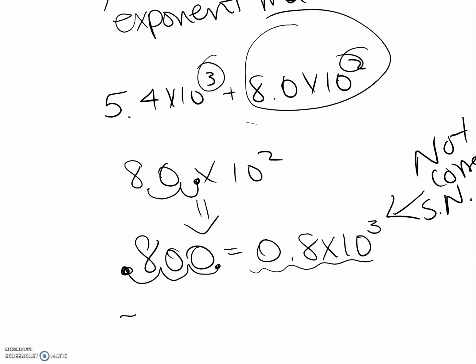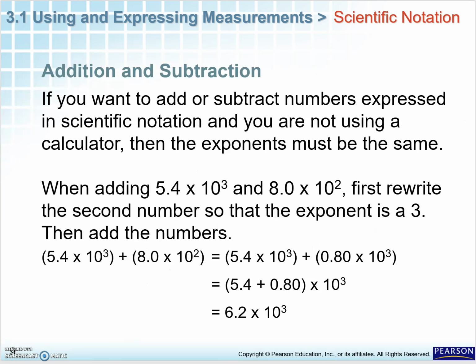So if I were to add 5.4 plus 0.8, I would get our 6.2 that you see here, and then you add the same exponent at the end that you've had now for all of our numbers. So it would be 6.2 times 10 to the third.